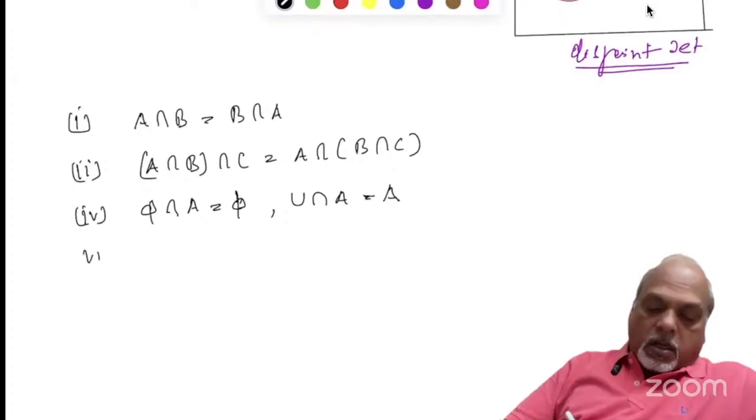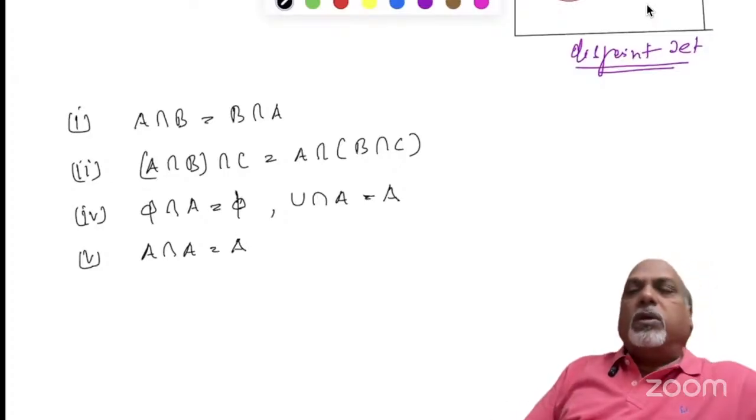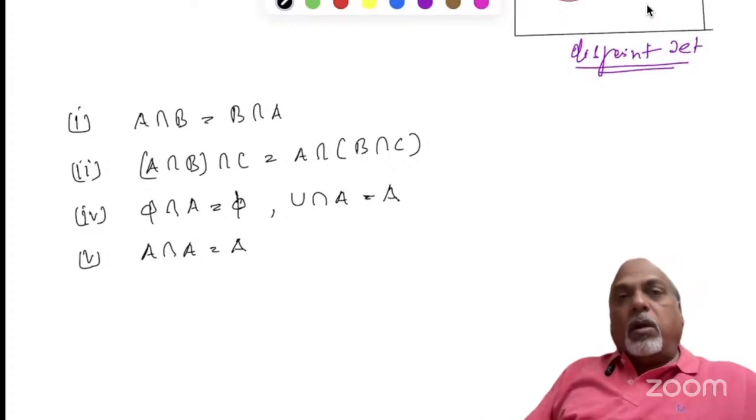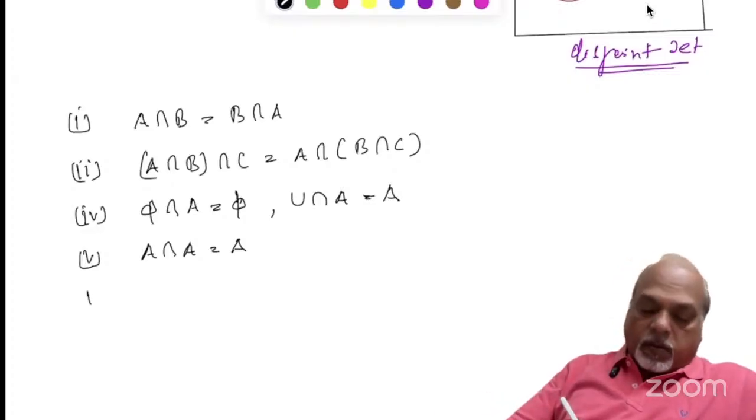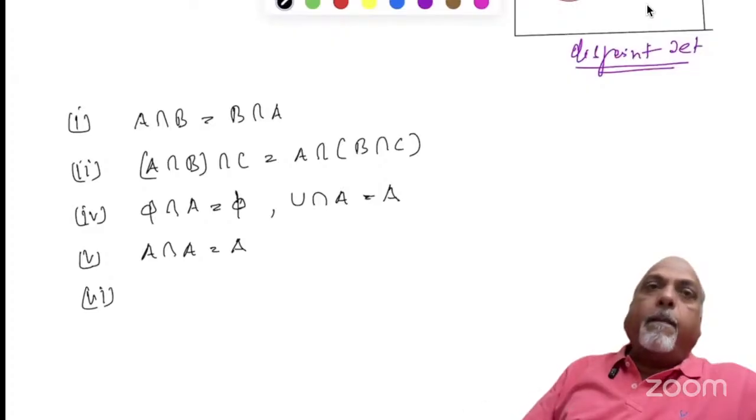Then A intersection A will be A only, because all the elements are existing in A. Correct? This is called the idempotent law.